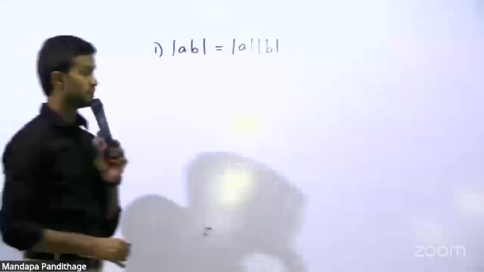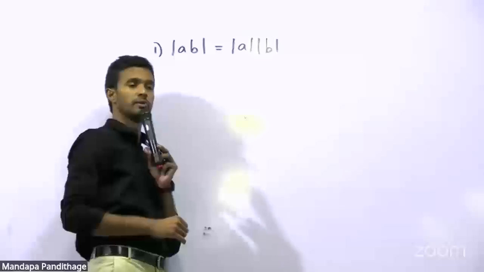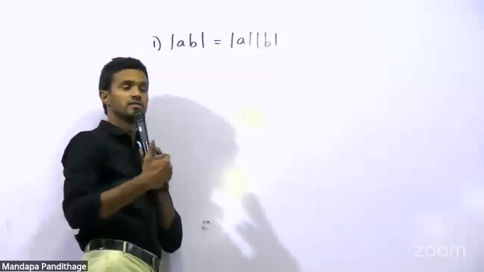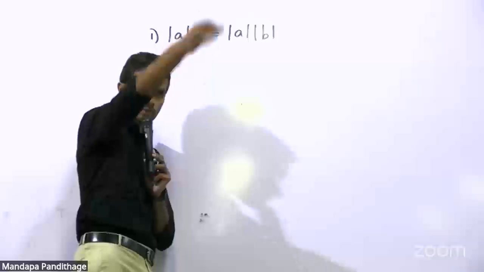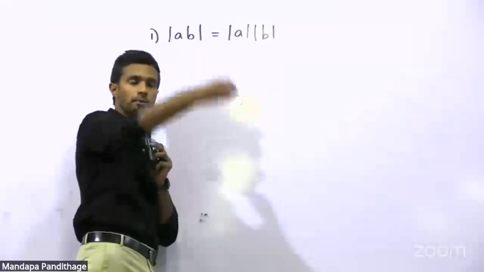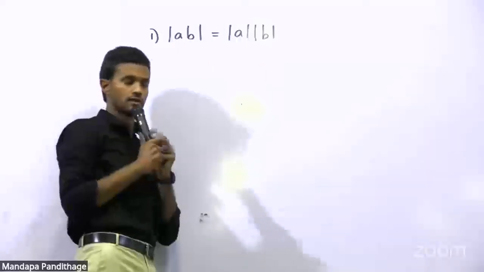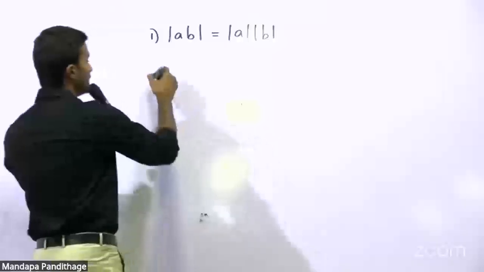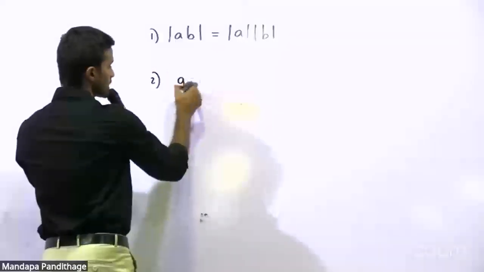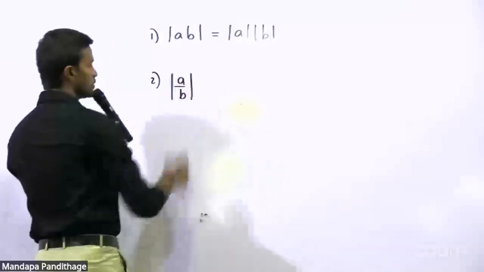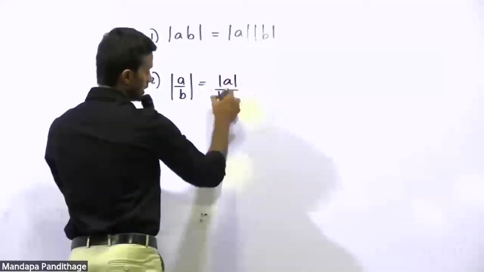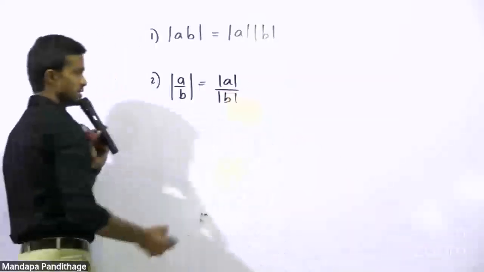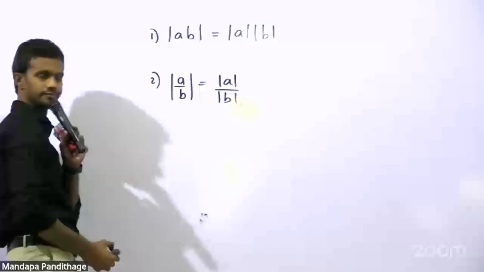I gave that in basic mathematical concepts, if you can remember, when we were working with square roots. If there is a property applicable for a product, it is even applicable for a division. So the modulus of a division between two terms is equal to the division of the two moduli. Is it clear?